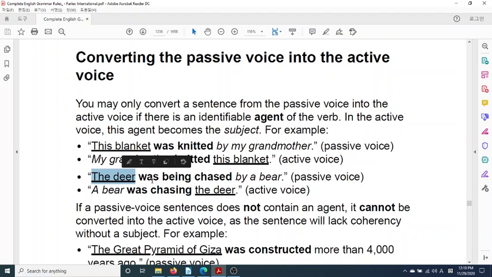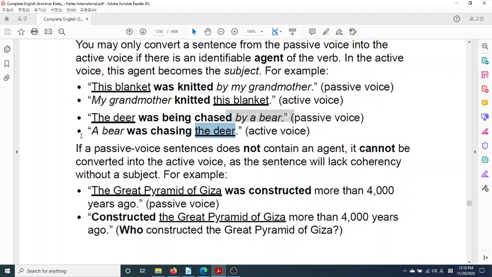The deer, subject, object, was being chased, verb, by a bear, agent. A bear, subject, was chasing, verb, the deer, object. If a passive voice sentence does not contain an agent, it cannot be converted into the active voice.